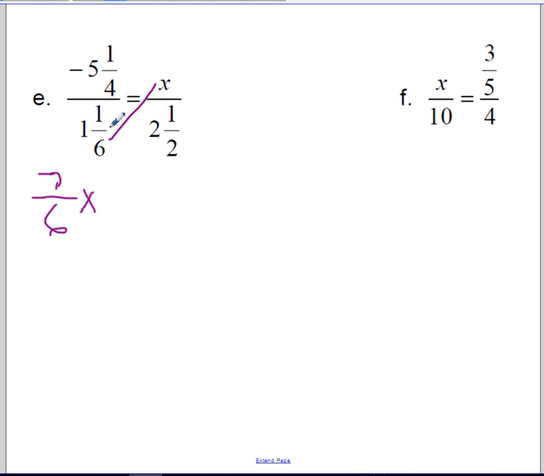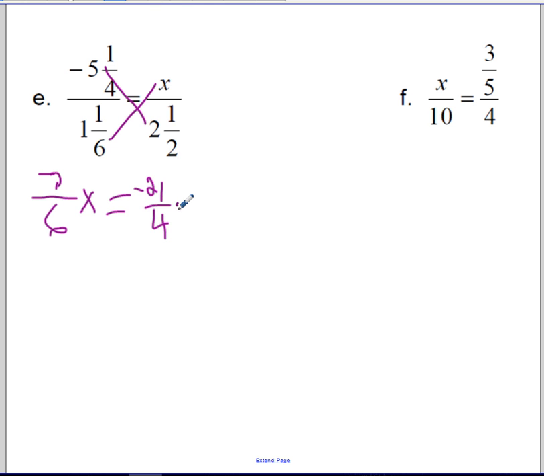And across the other way, we have negative 5 and 1/4. Remember, ignore the negative sign when you're doing the math for the multiplication and addition for your numerator. So 4 times 5 is 20, plus 1 is 21. So we have 21/4, and then make it negative.